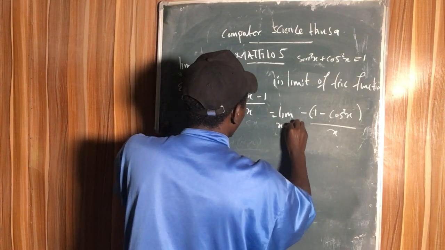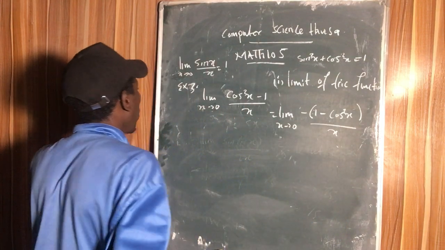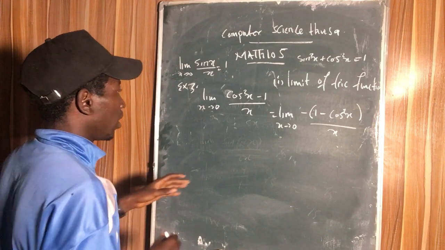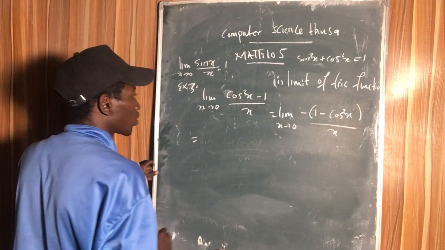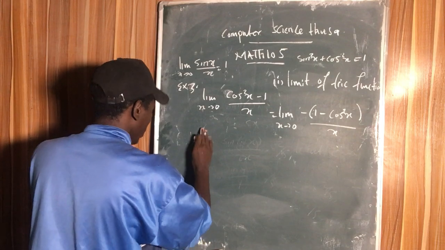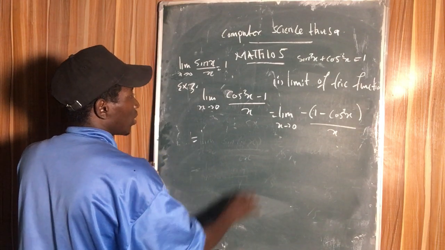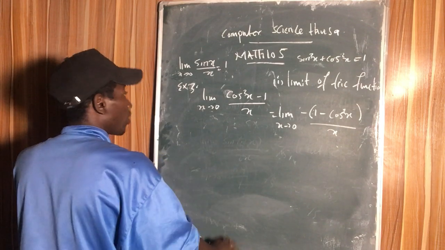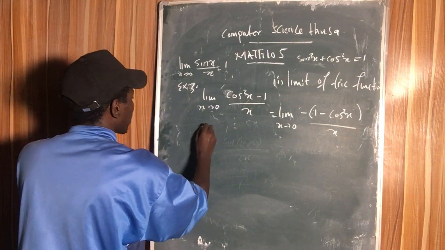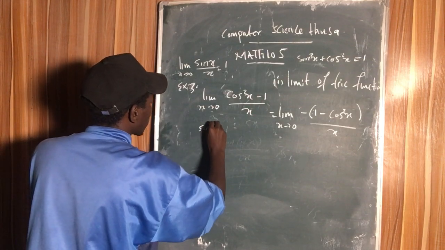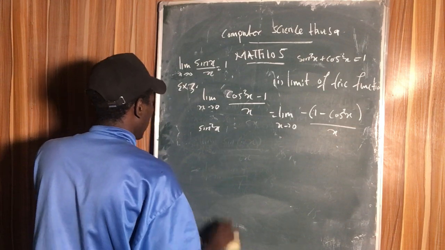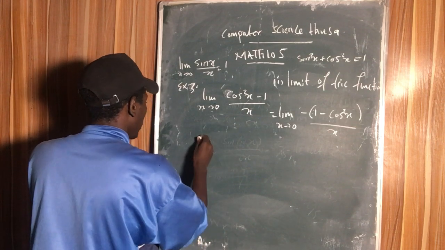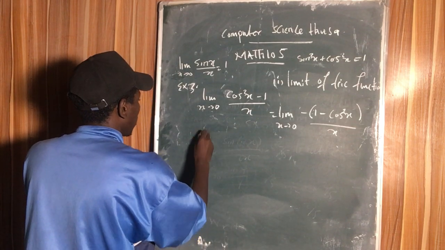So as x tends to 0, this is equal to the limit. But 1 minus... let's just do it for the sake of learning.